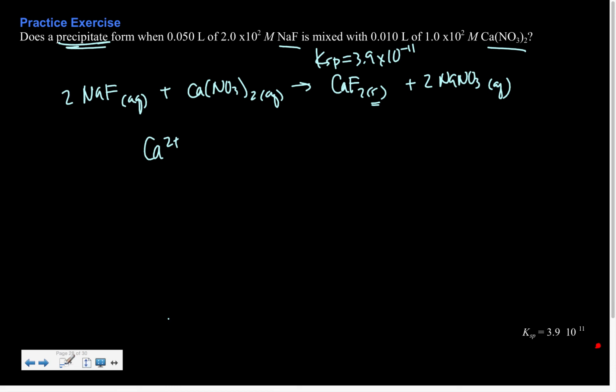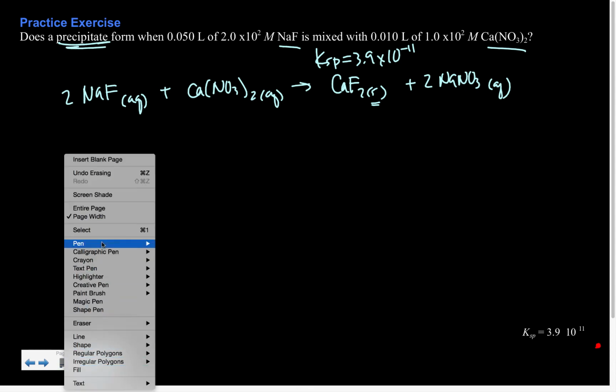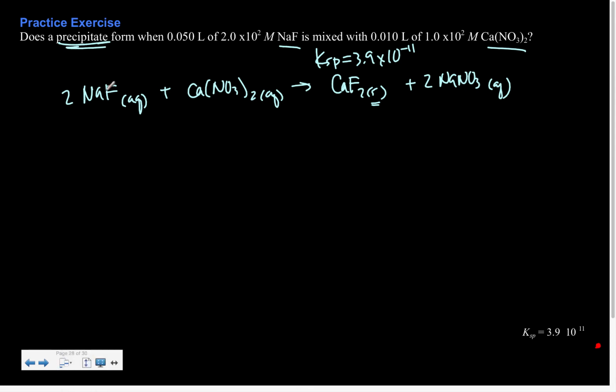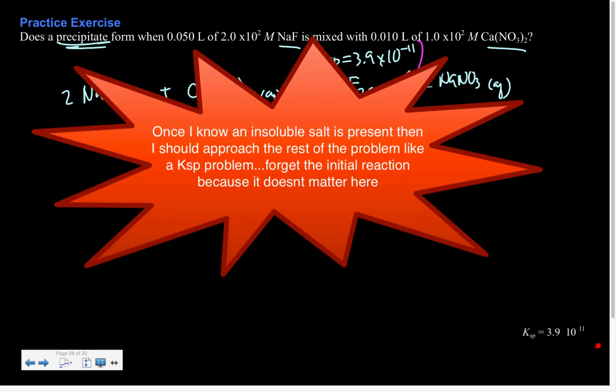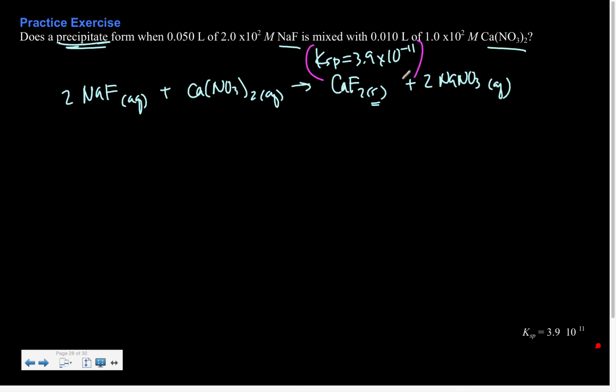So here now, we have a couple of things at play. We have this reaction happening, and we form some calcium fluoride, and we know this Ksp value. Now here, really important: if I want to talk about Ksp, and I want to talk about if a precipitate forms, then I think it's really helpful to go ahead and write the equation that corresponds to your Ksp.